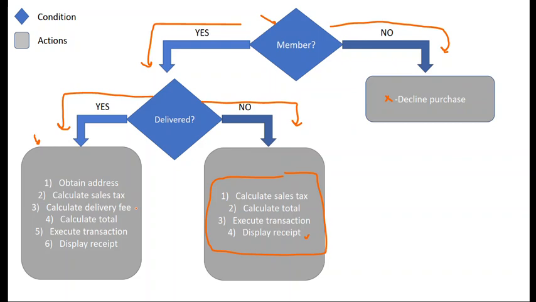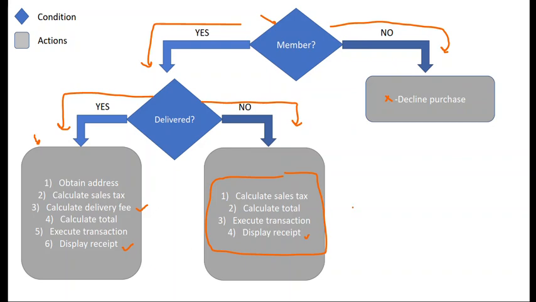Third, the delivery fee will be calculated, and then the total will be calculated as a fourth step. Then the transaction will be executed the same way it was executed when the customer didn't ask for delivery, and then a receipt will be displayed for the customer.